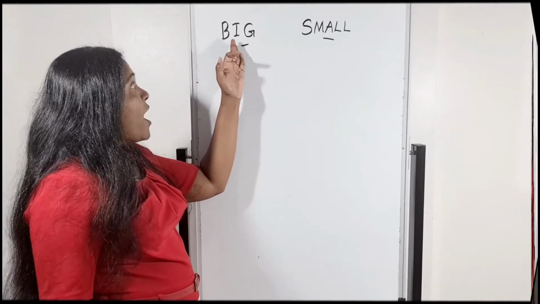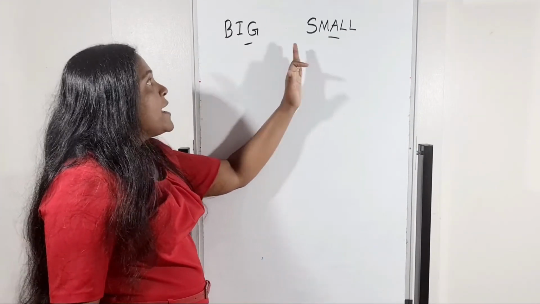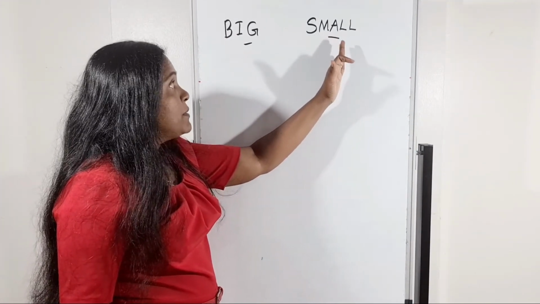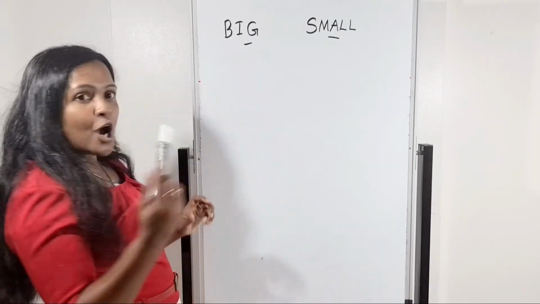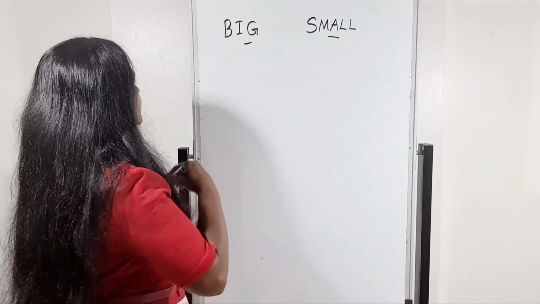Let's start the lesson. Listen carefully. Look at the board. B-I-G, big. S-M-A-L-L, small. Now I'm going to draw a circle.